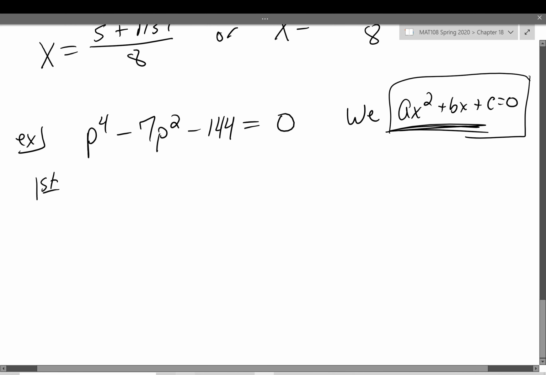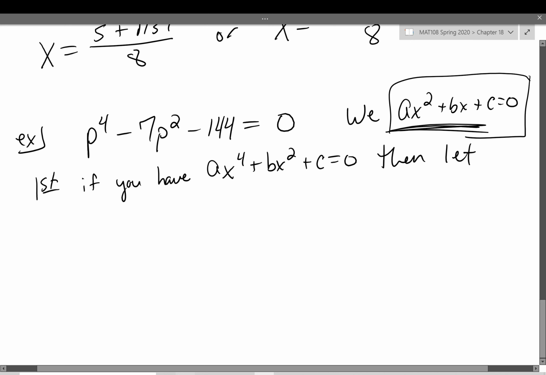First, if you have, and I'm going to write this in very general terms, ax to the 4th plus bx squared plus c equals 0, then you're going to let u equal x squared.